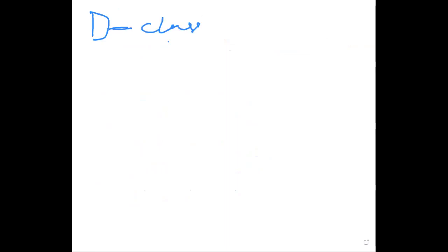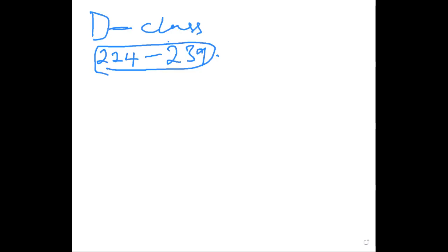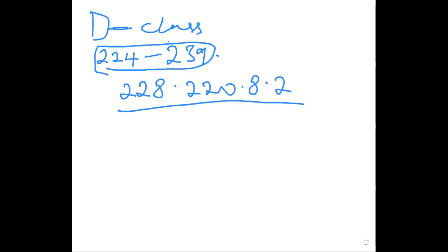The Class D range is from 224 to 239, and the first octet values are, as we already considered, in this range. For example, an IP address of 228.220.8.2 is an example of a Class D IP address.